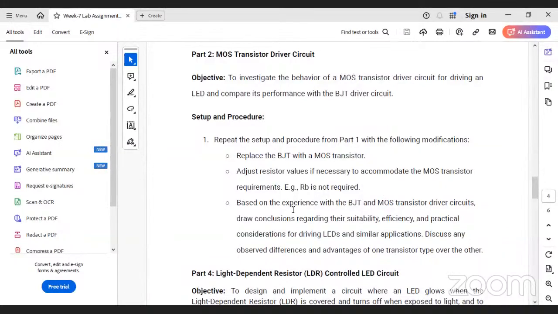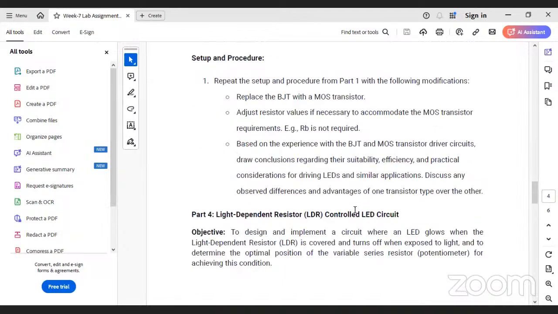And also, based on the experience of the experiment that you are doing, try to draw conclusions about how the BJT works, and talk about the efficiency and the different considerations that you have to make while using these two transistors. What are the advantages of MOS over BJT, or what are the advantages of BJT over the MOS. All these points you have to tell and inform us in the video that you will be making.